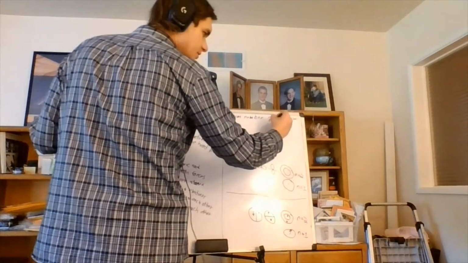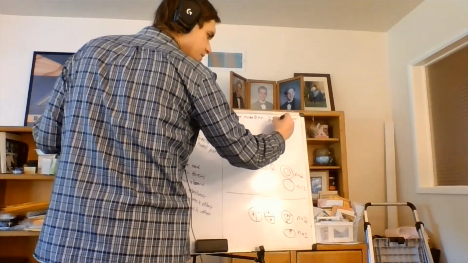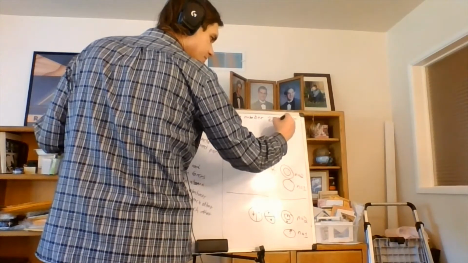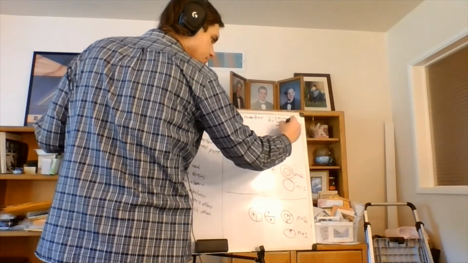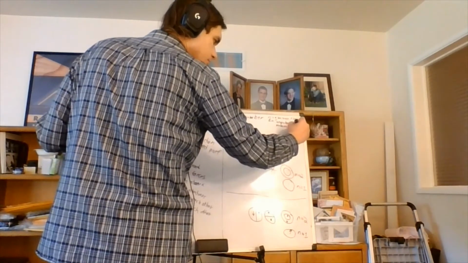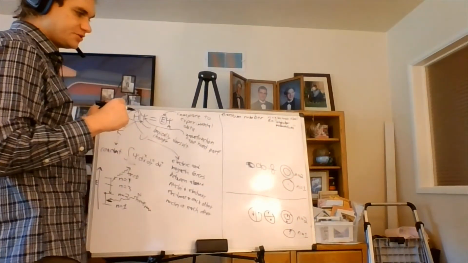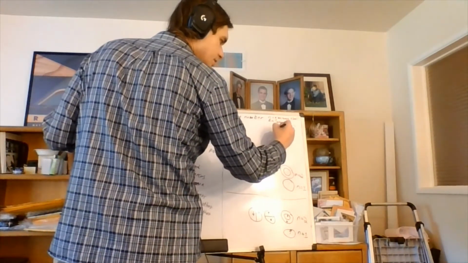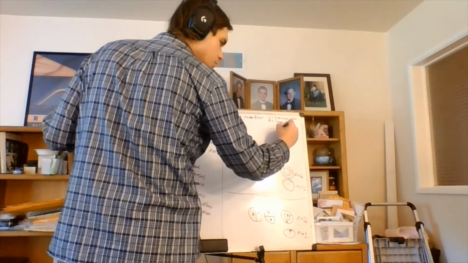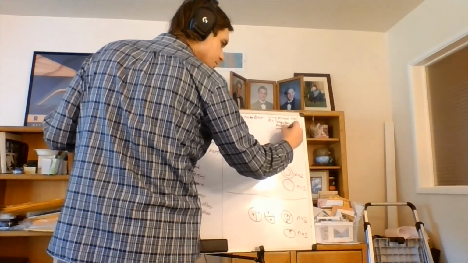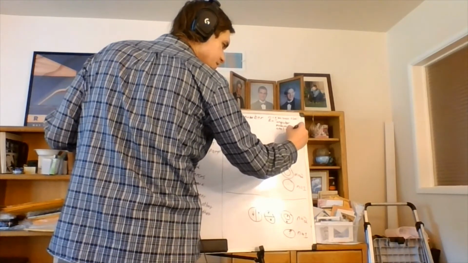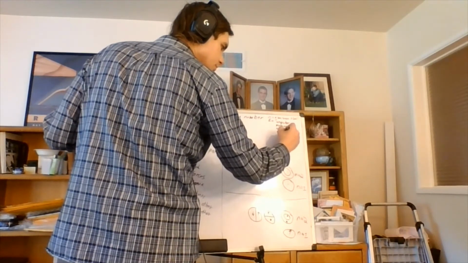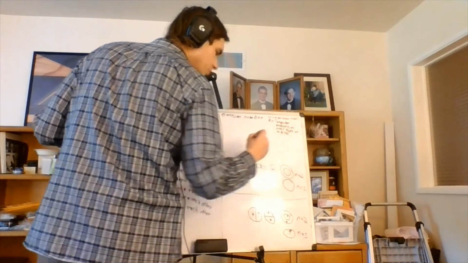which we call the angular momentum quantum number. What that tells us is what type of orbital we're looking at.